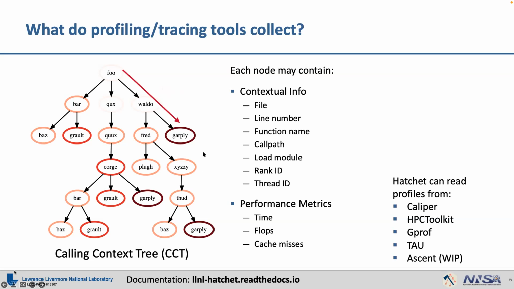And then for Caliper, you might also be getting the time that it took to run that particular function, but you might also have floating point operations or cache misses to go along with that. And as I mentioned, you can use Hatchet in this Caliper Spot framework that we're discussing today, but you can also use Hatchet outside of that to load in data and perform analyses on profiles from HPC Toolkit, from Tau, from gprof, and PAPI as well.